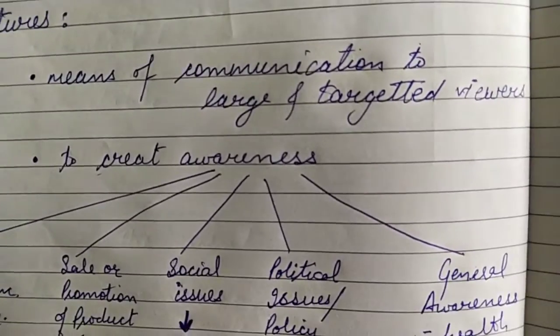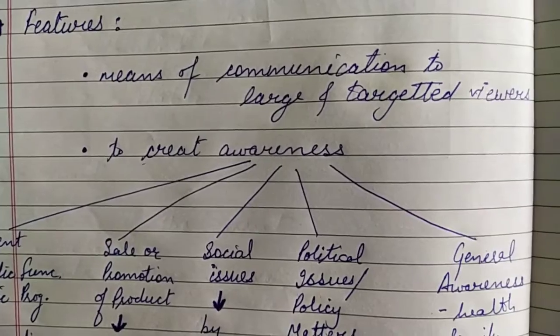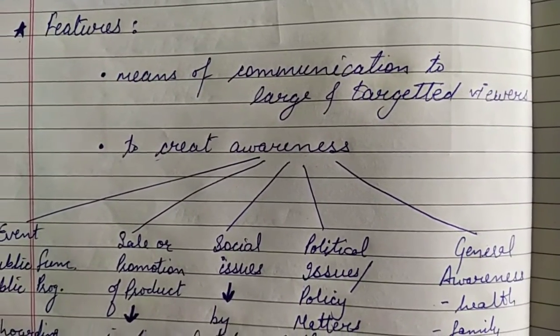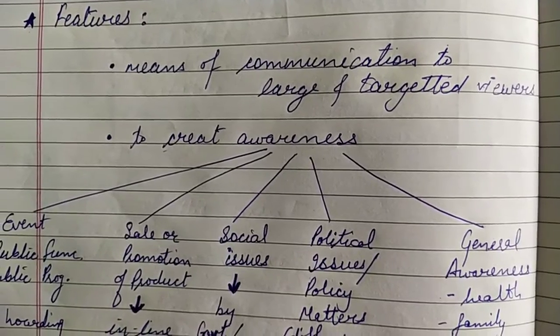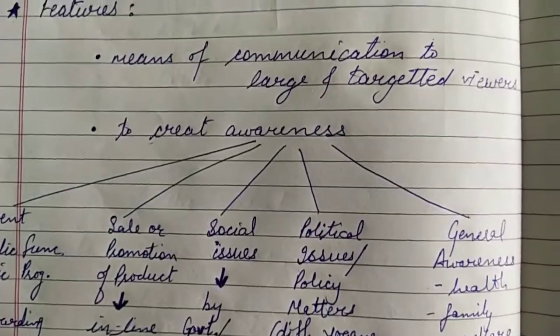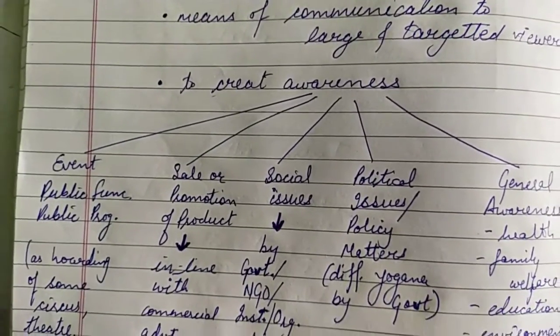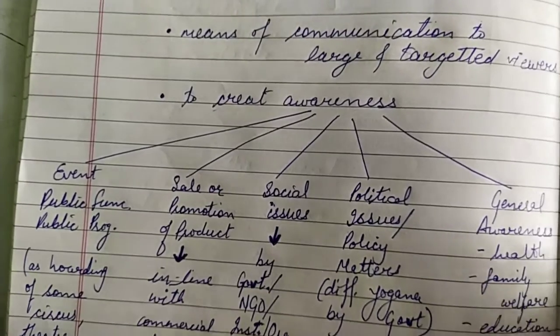The features of the poster are, first of all, it is a means of communication that is to be communicated with the large and targeted viewers. Targeted viewers means a particular class, particular individuals that are to be targeted while drawing the poster.